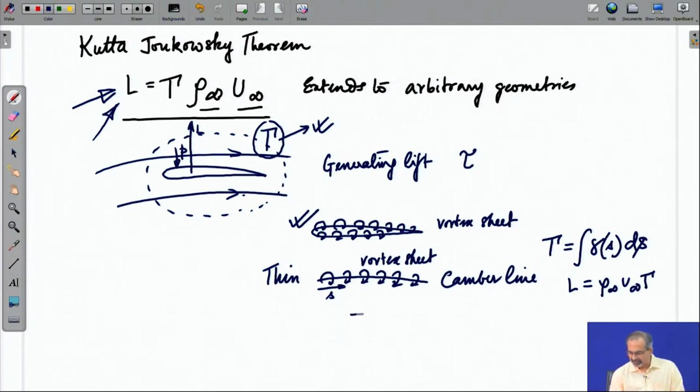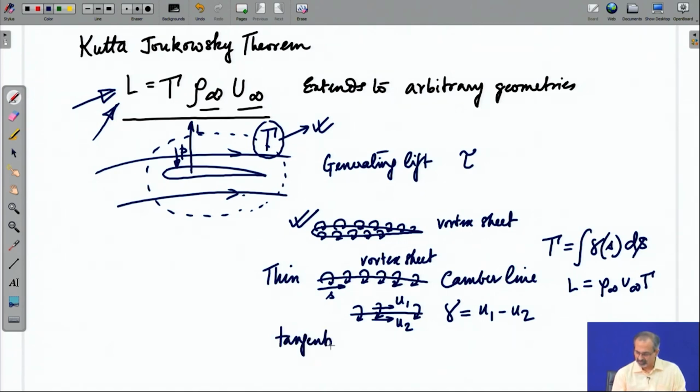If you look at any particular region of the vortex sheet and you notice the tangential component of velocity above and below it, then you would see a jump in the tangential components, and the local strength of the vortex sheet will be given by the difference of the tangential components of velocities.